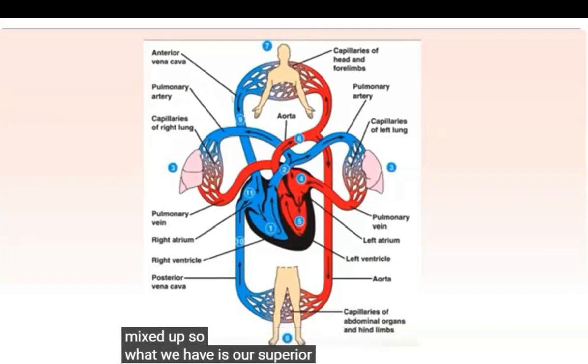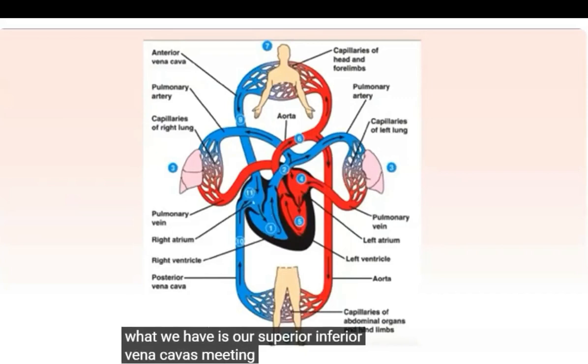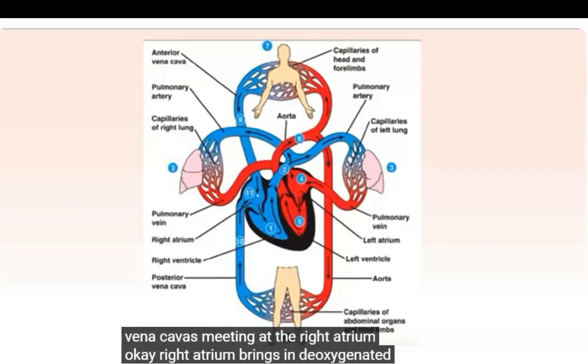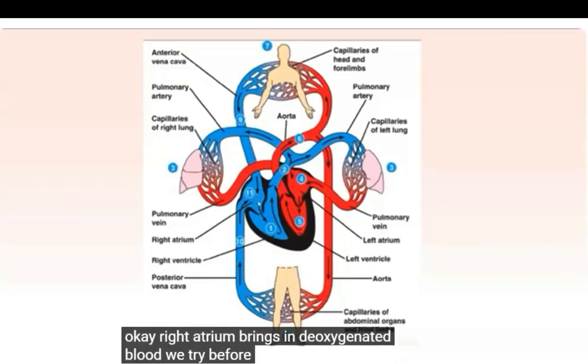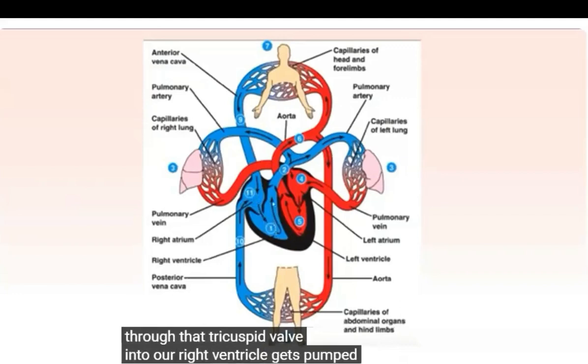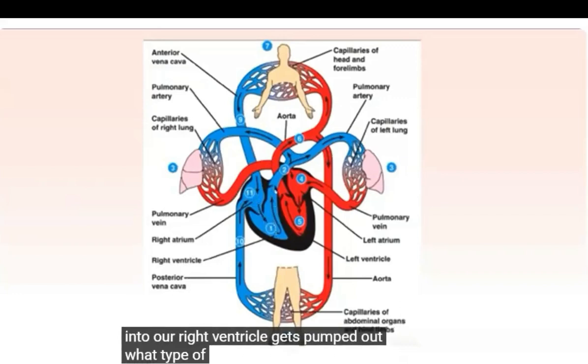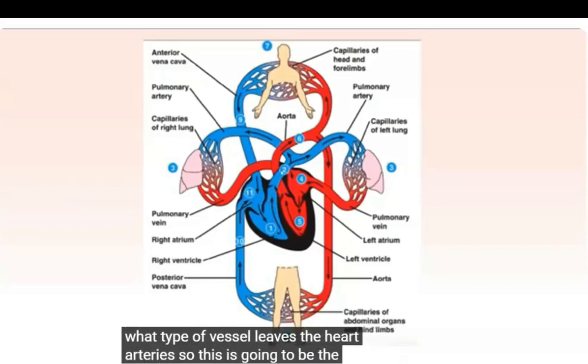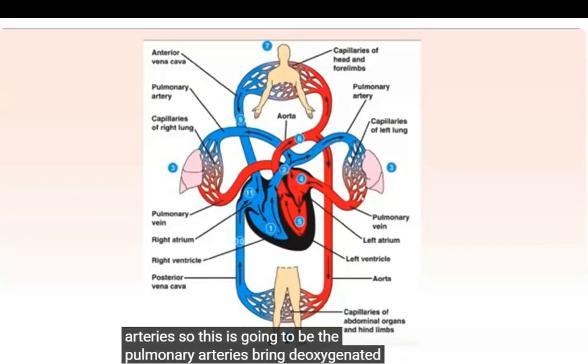What we have is our superior and inferior vena cavas meeting at the right atrium. The atrium brings in deoxygenated blood. We try before we buy, so it goes through that tricuspid valve into our right ventricle, gets pumped out. What type of vessel leaves the heart? Arteries. So the pulmonary arteries bring deoxygenated blood to the lungs.